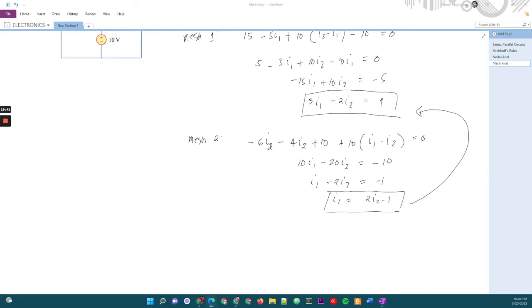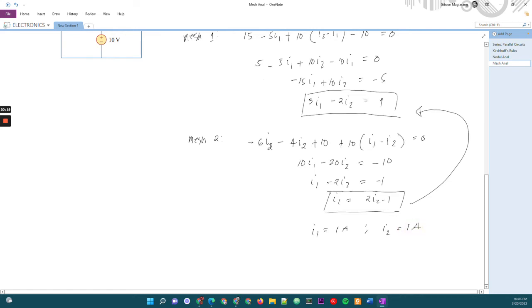So if you do that, masolve ni mo nga I1, if you do that, ito siya imo na siya i-substitute. It's easy to see nga by substitution, I1 is just 1 amp, and then ang I2 is 1 amp also.